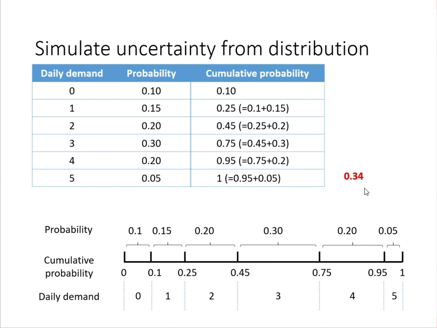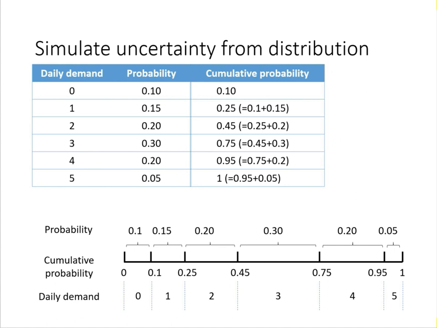This number happens to be between 0.25 and 0.45. So in other words, this number falls into this bucket, and as a result, I'm going to claim the simulated demand is 2.